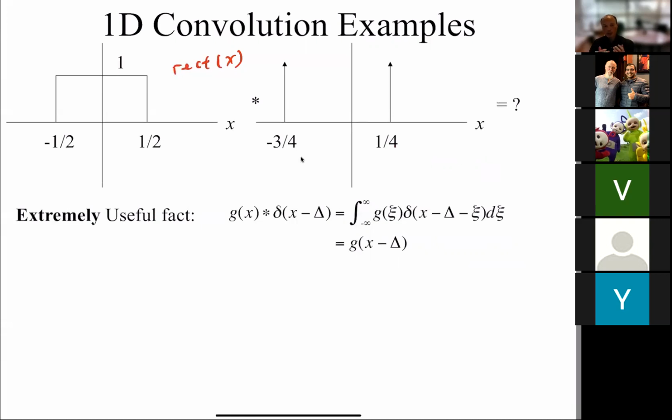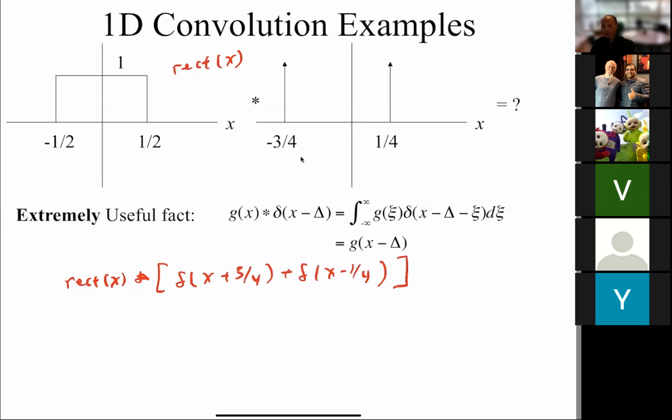So the question is, what is rect of x convolved with delta of x plus 3/4 plus delta of x minus 1/4? Okay. That could look a little bit intimidating, but the answer is very simple. I'm going to take rect of x and shift it to be centered around those Dirac delta functions.